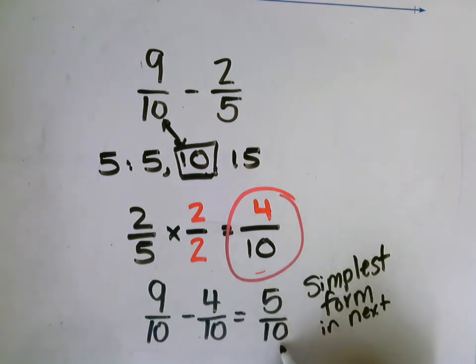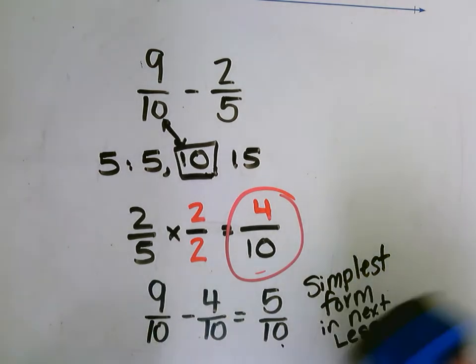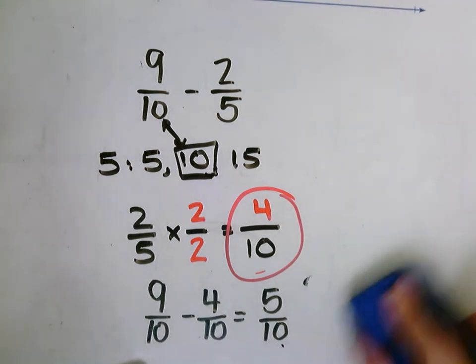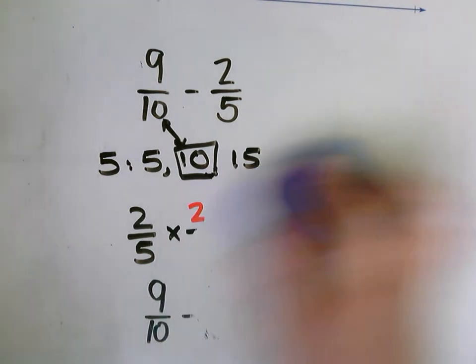This fraction is not written in simplest form, and we're going to learn about that a little bit more in our next lesson. So for today, once you get your answer, we're going to stop there. I think I've seen some of you already finding simplest form in your answers. Some of you might know how to do it, and that's fine if you do, but we'll work on that a little bit more tomorrow.